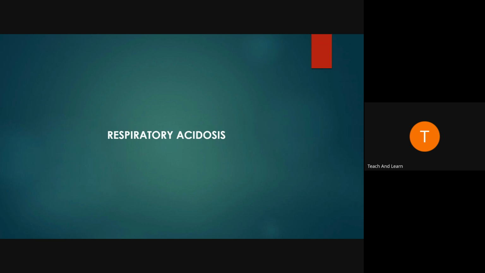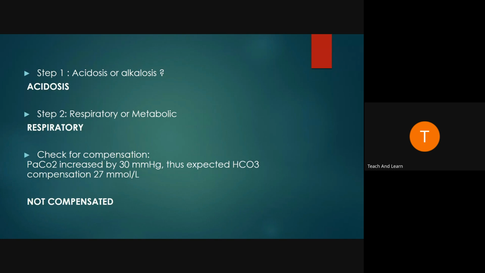Nathaniel wants to ask a query. Nathaniel, yes, please. What about the chronic component, the fact that you've got COPD? There are two formulas basically for that. For chronic, it's by 4 for every 10 millimeter rise in PaCO2.